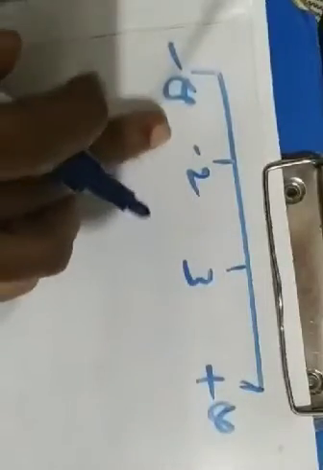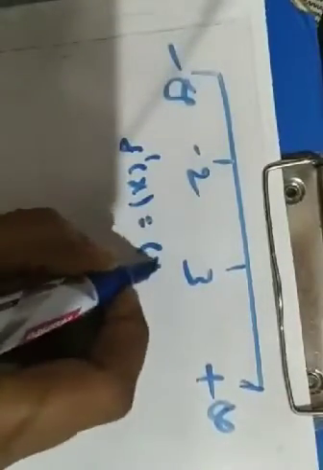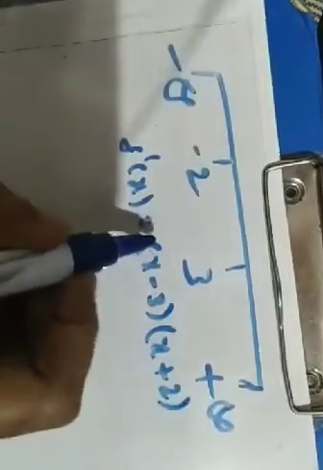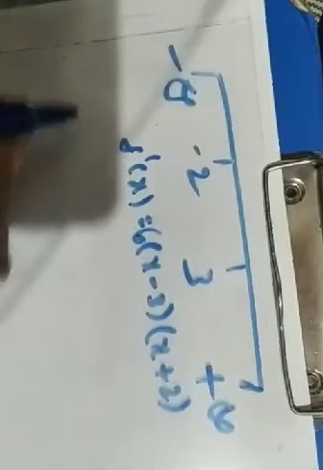We have done this, isn't it? We got the same intervals. For the first interval, both will be negative. What is f dash of x? F dash of x is 6 into x minus 3 into x plus 2.